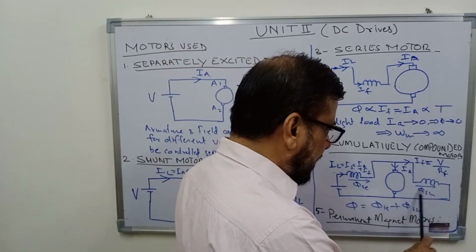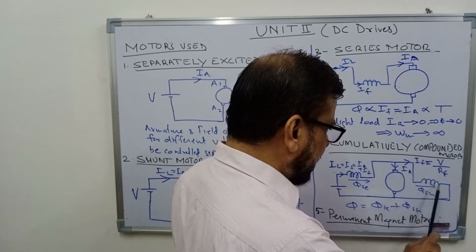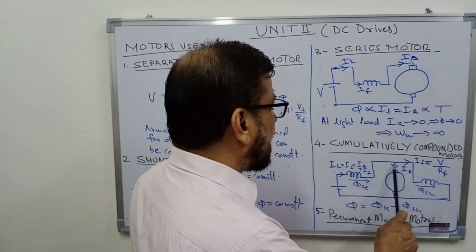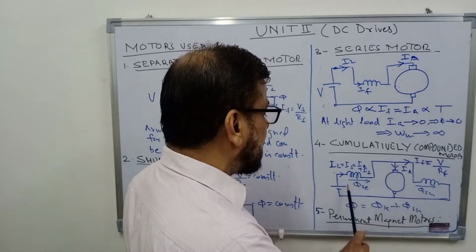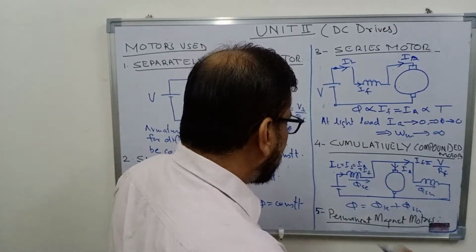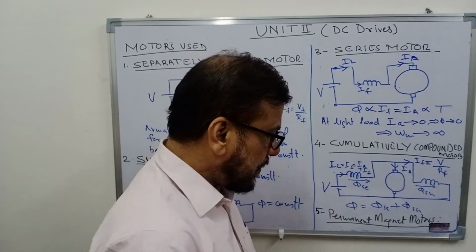Current flowing through the shunt field winding will be IF equal to V upon RF. RF is the resistance of this field winding, and this voltage is almost equal to the supply voltage V, minus some drop here that is negligible.